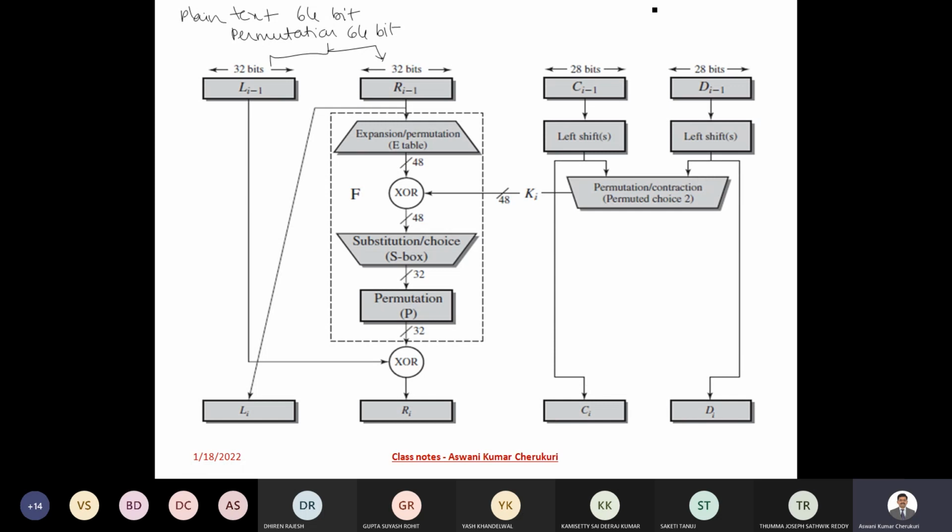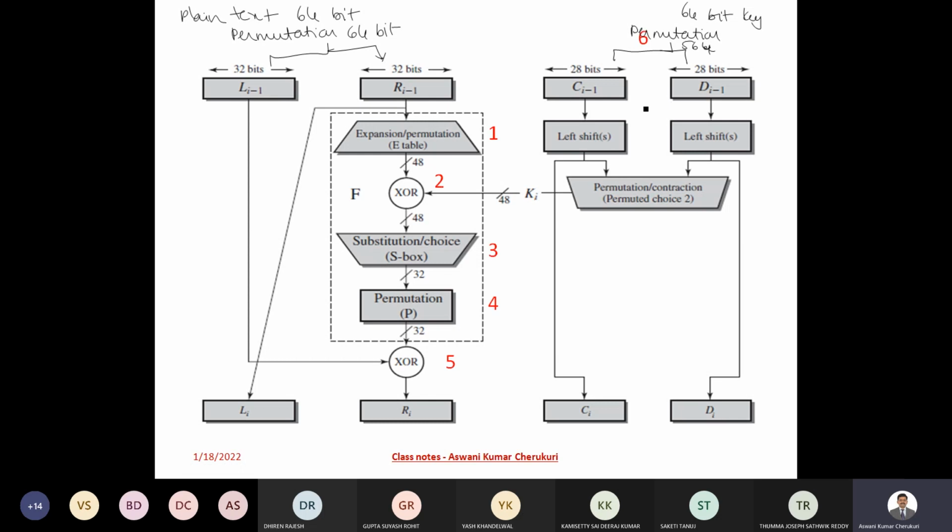On the key side, your 64-bit key undergoes some permutation, which we will discuss later, and you get 56 bits. From these you create the sub keys for every round. So this is a separate part.